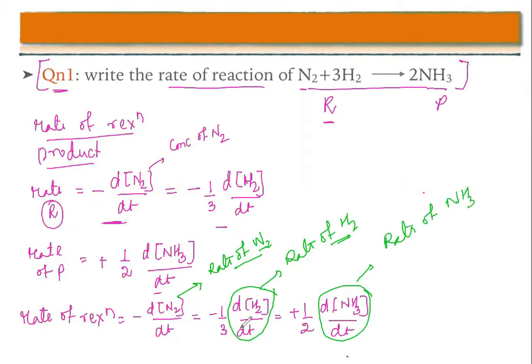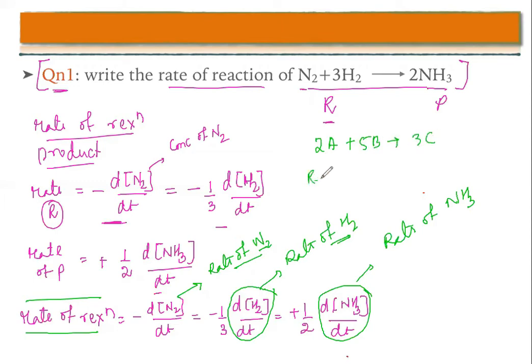But if you apply 1 by 2, that represents the rate of the reaction. So don't confuse the rate of the reaction with the rate of individual gases. So you can think of any reaction. So let's suppose the reaction is 2A plus 5B gives 3C.